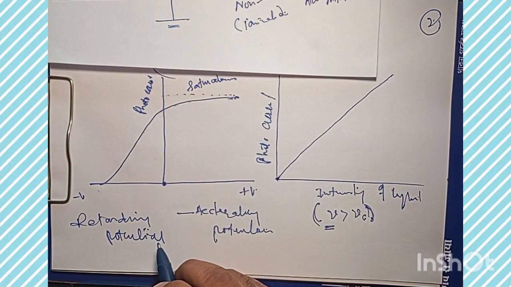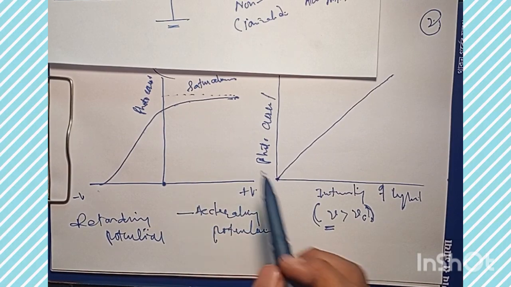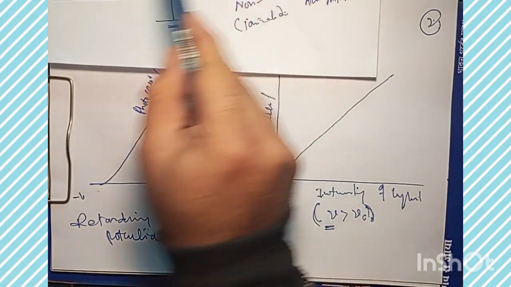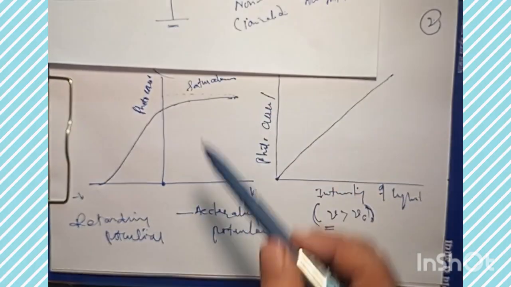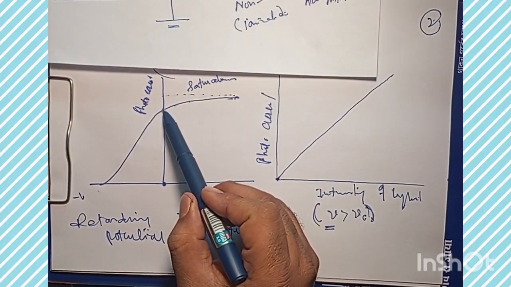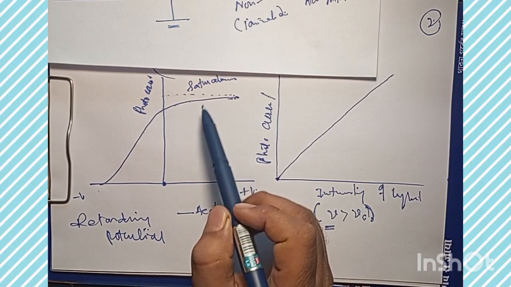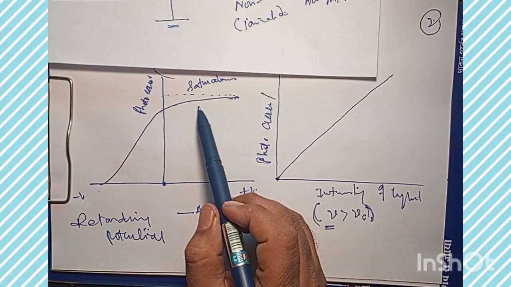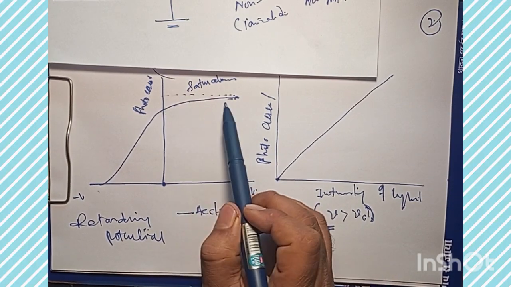In positive potential, if I increase this accelerating potential, there is a slight increase in the photoelectric current, and then there is saturation.